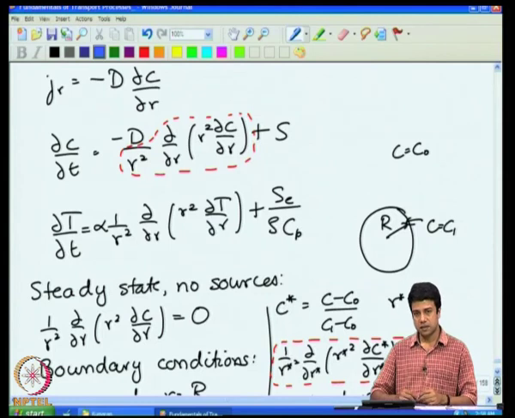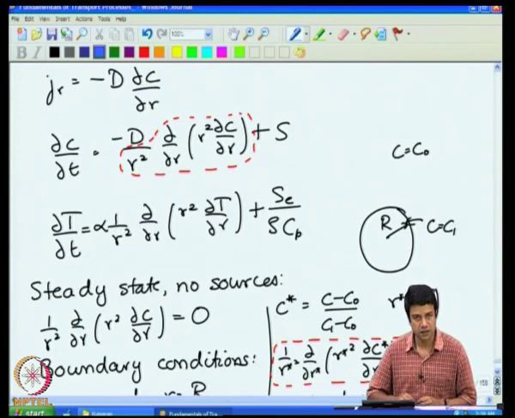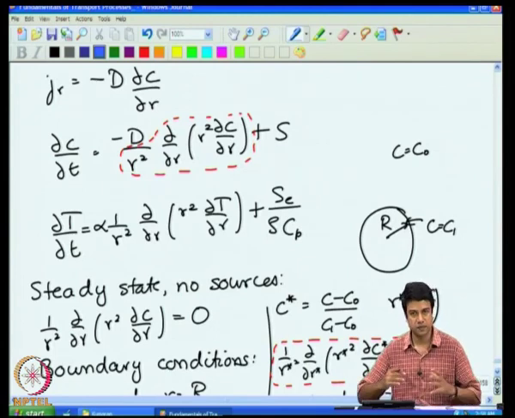In the cylindrical coordinate system, this was 1 over r d by dr of r dC by dr. That is because the surface area of a cylindrical surface increases proportional to r. In the present spherical coordinate system, it is 1 over r square d by dr of r square dC by dr. That is because in a spherical coordinate system, the surface area increases proportional to r square as the distance from the center increases.